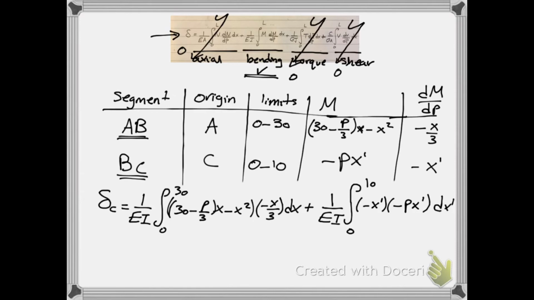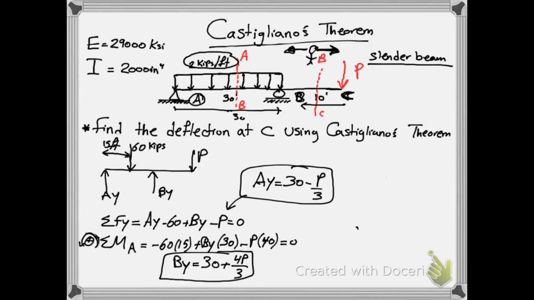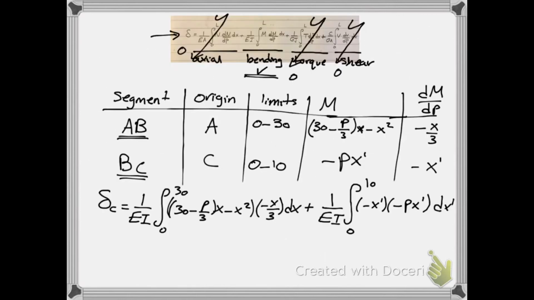Now remember, we applied the dummy load, so P is equal to 0. If you remember, P is equal to 0, it's just a dummy load. So this is going to be equal to 0. This one, P right here, is going to be equal to 0.